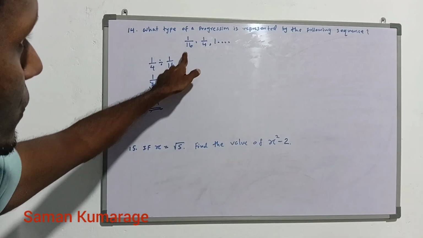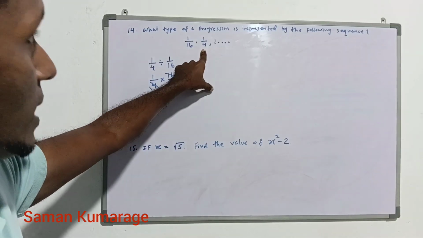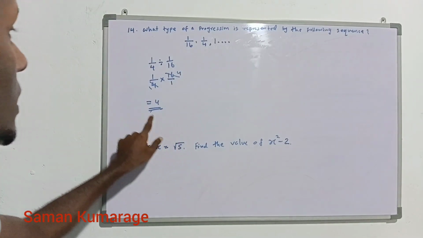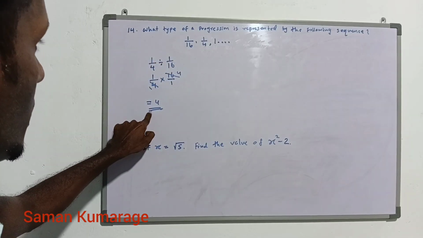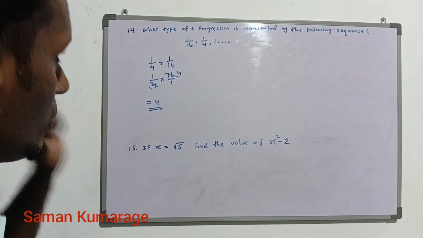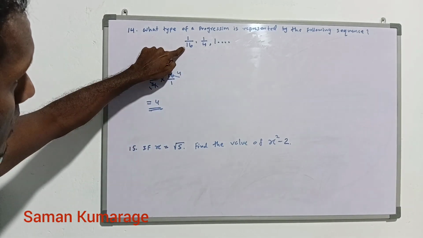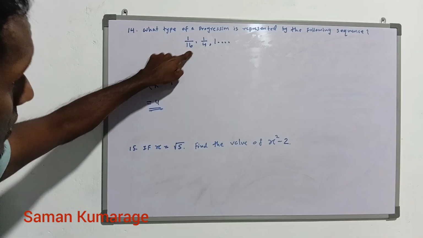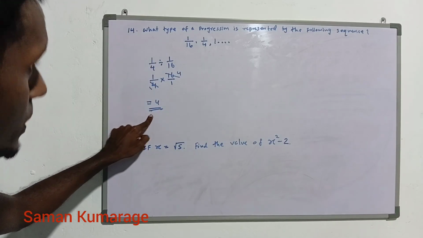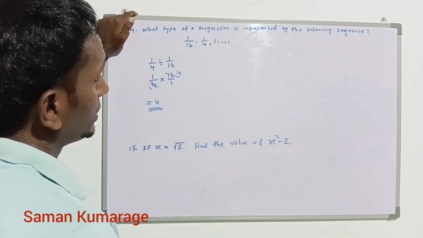Now let's see if we can get the second term by multiplying the first term by the common ratio. If we can obtain the second term by multiplying the first term by this common ratio, it will be a geometric progression.